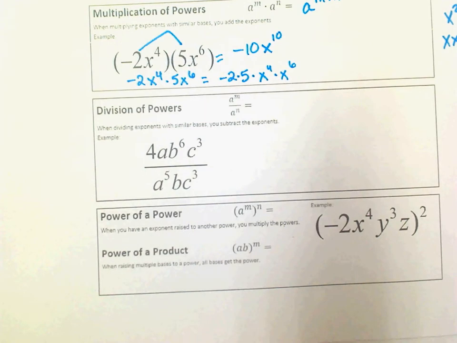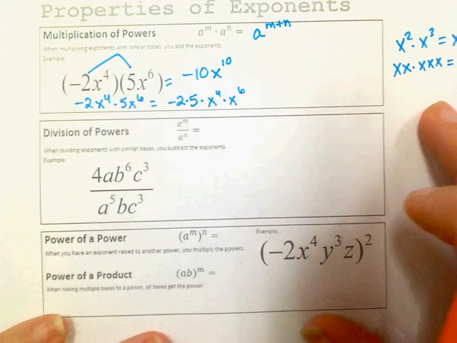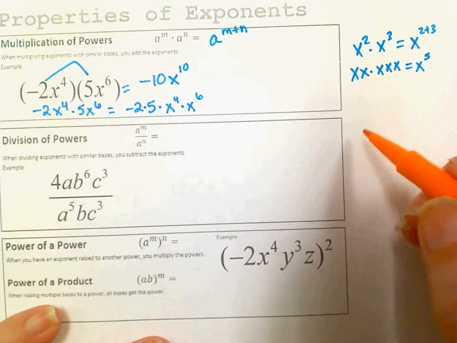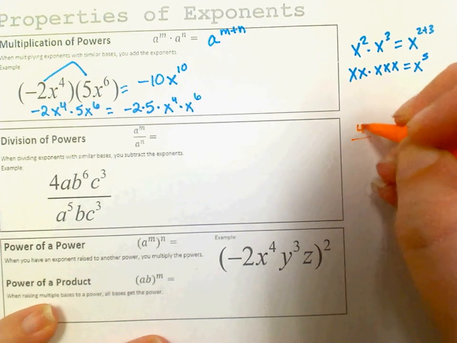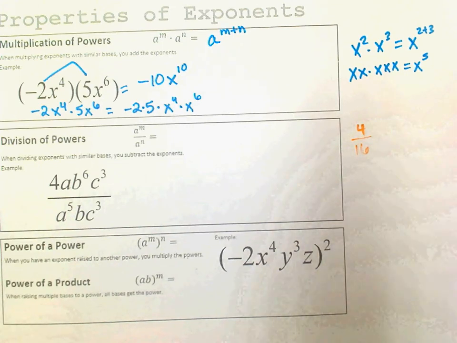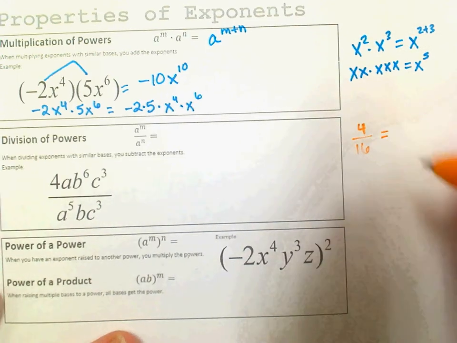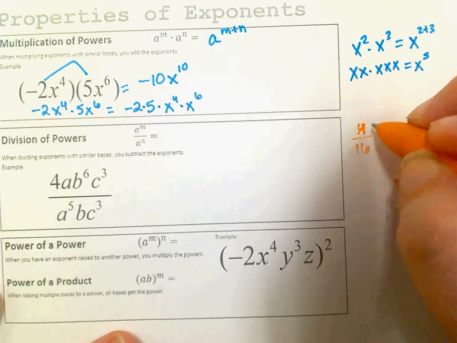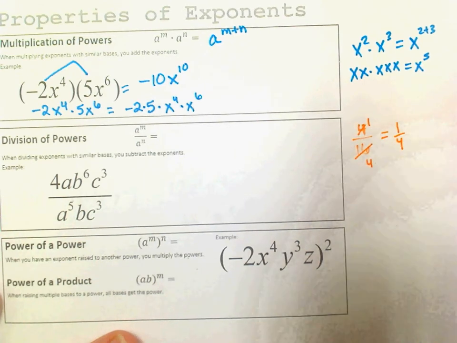On the next one, we are dividing. And so what I like to think of it is, as an example, if I asked you to divide 4 by 16, then that is the same thing as 1/4, and a lot of you know that because you're like, okay, I can divide everything by 4. So I divide by 4 here, I can divide by 4 there, and either way I get it simplified down to 1/4.